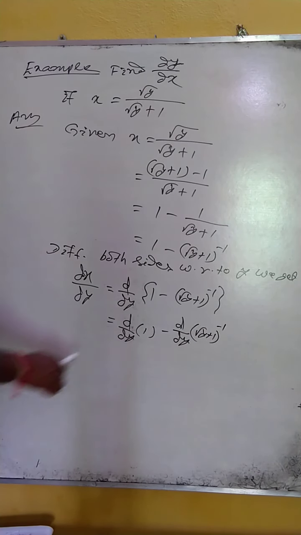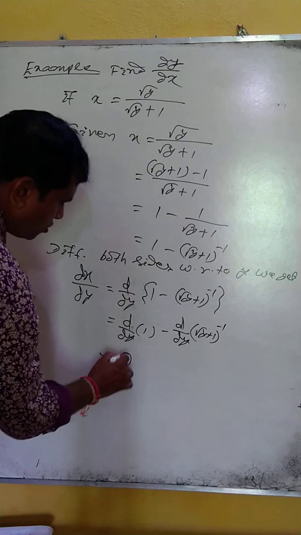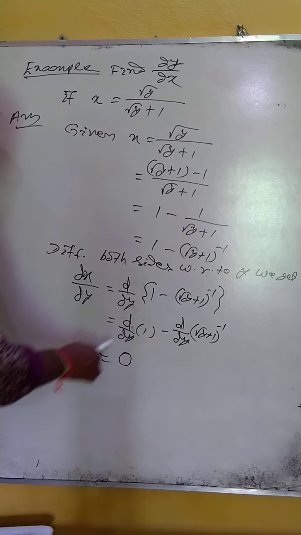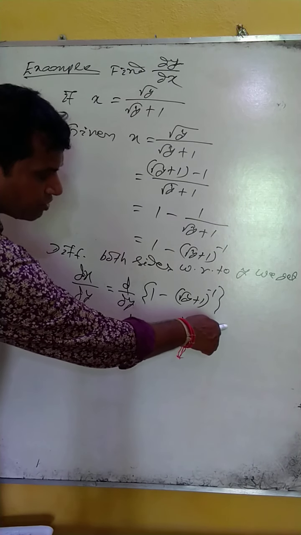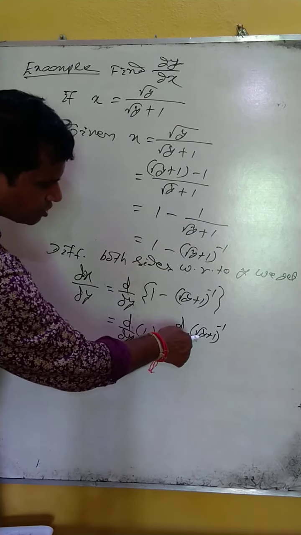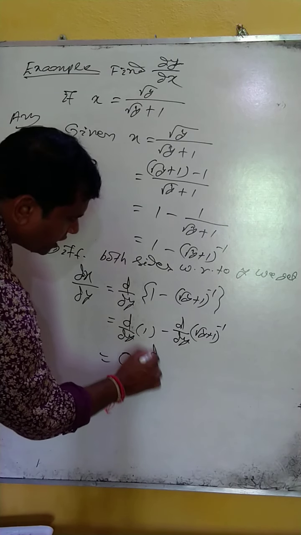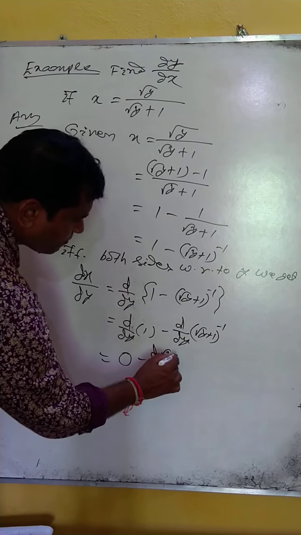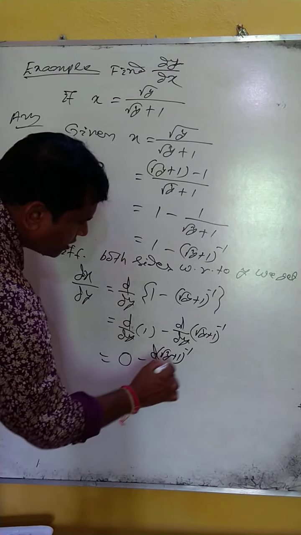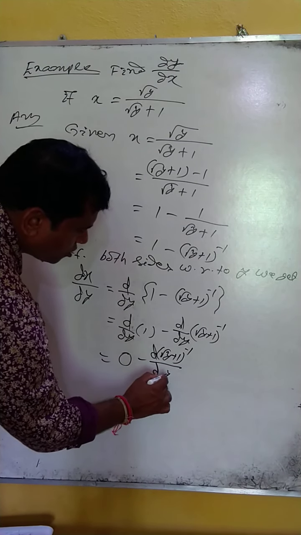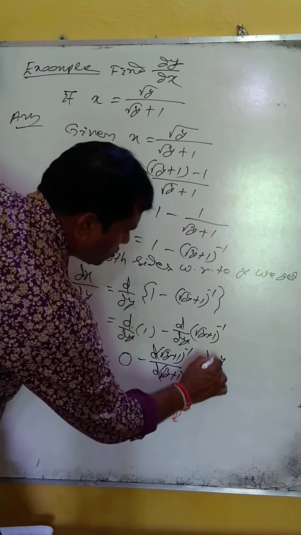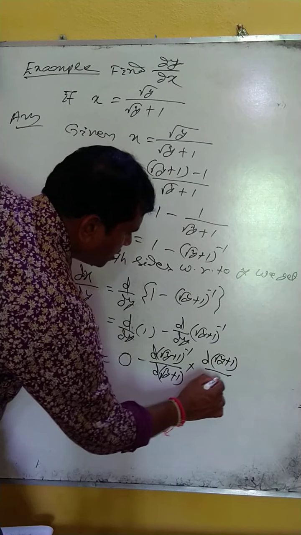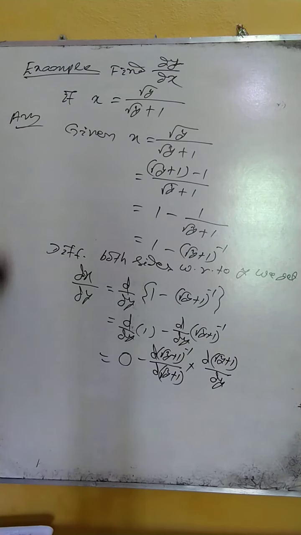The derivative of a constant is 0, minus here (root over y plus 1) to the power minus 1. First of all, it is a function of root over y plus 1. So we write d of (root over y plus 1) to the power minus 1 divided by d of root over y plus 1, into d of root over y plus 1 divided by dy, by chain rule.